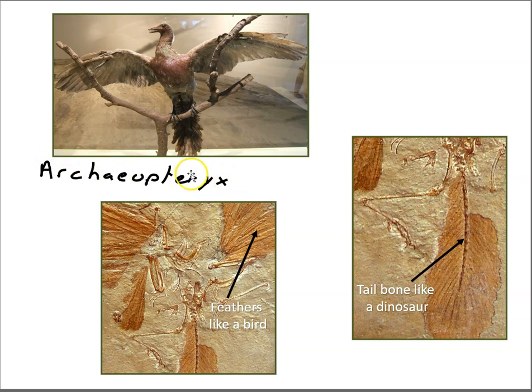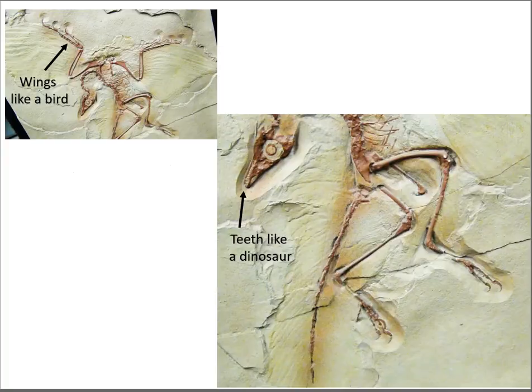This is Archaeopteryx. This is a reconstruction of what scientists think it might have looked like. But here are some actual fossils. These are photos of some fossils in a museum. This is a creature that has a mix of characteristics. It's got feathers like a bird, but a tailbone like a dinosaur. Now, modern birds don't have bones in their tails, but this is the tailbone. Here's another example of this kind of creature.